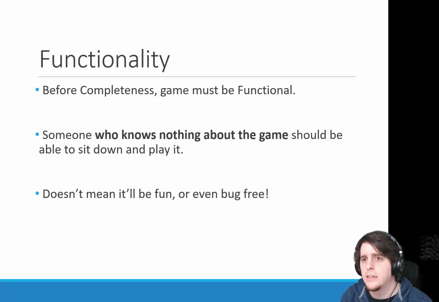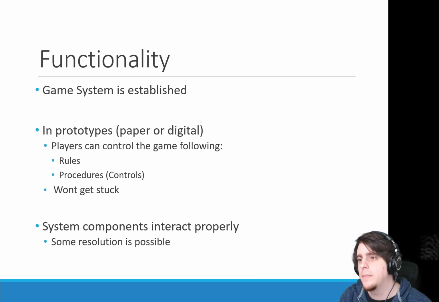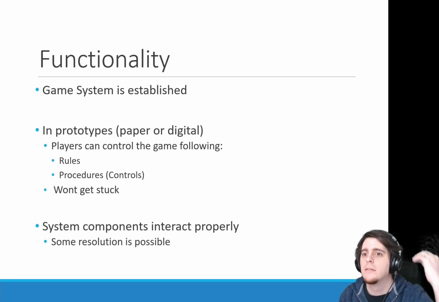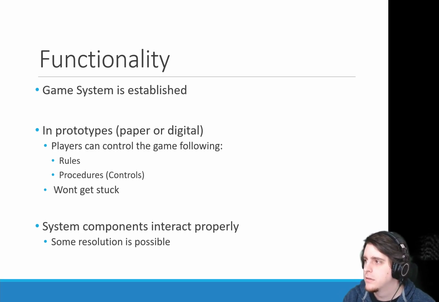So in this case, what I mean is, when you say, okay, we've achieved functionality, the game system is established. You've got that working. This can be done in prototypes. These can be paper prototypes if you're really into physical gameplay.